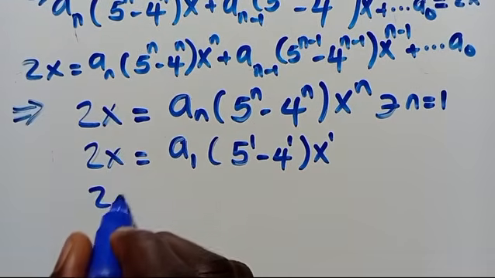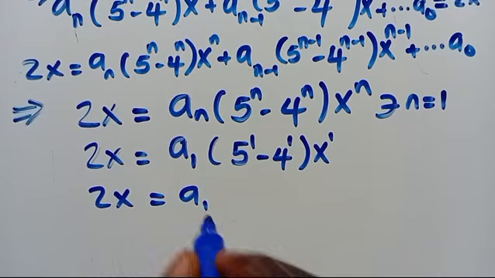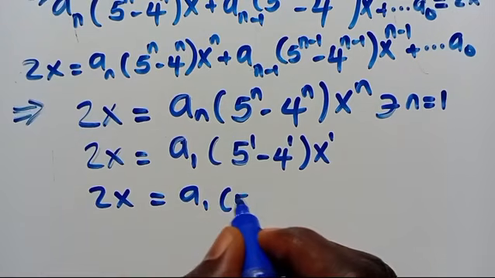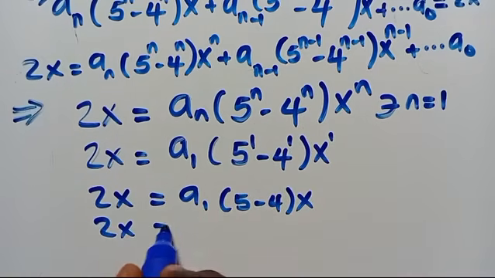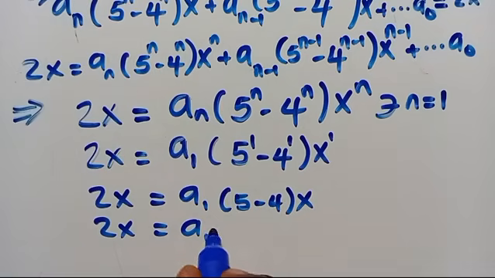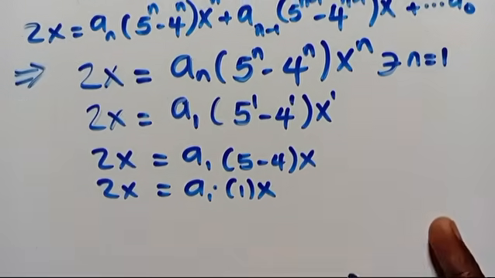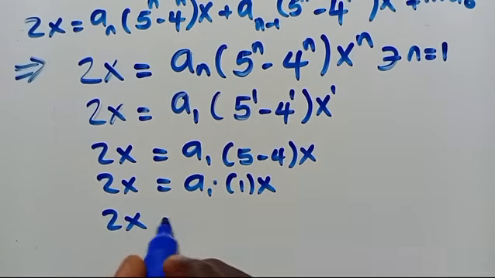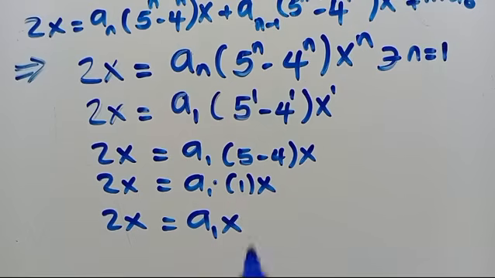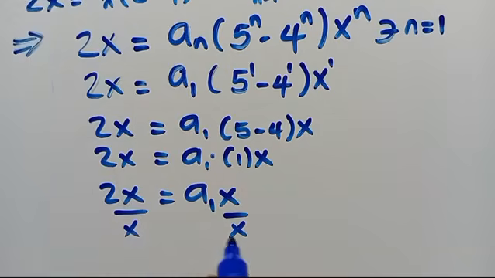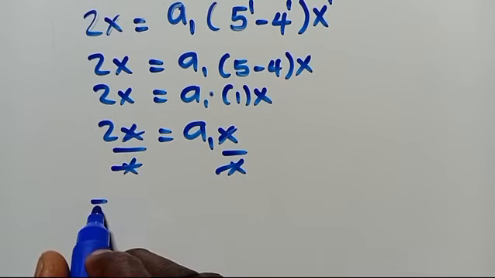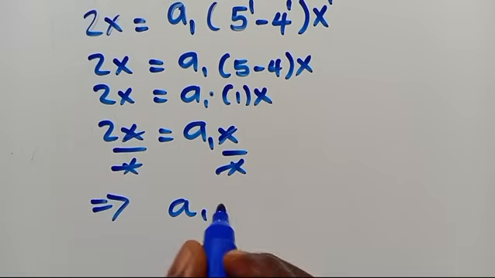So we have 2x equals a_1 times (5 minus 4) times x. We have 2x equals a_1 times 1 times x, and this will be 2x equals a_1 x. Dividing through by x, this will cancel out this, so we have a_1 to be equal to 2.